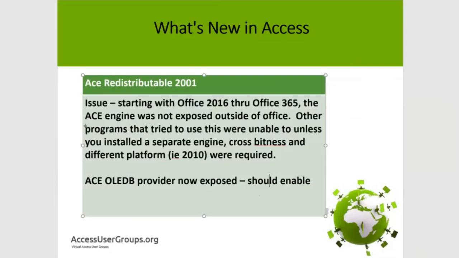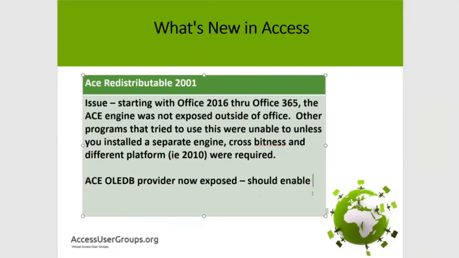So if you have 32-bit Office, you have to download a 64-bit runtime. So it's confusing, it's hard to set up, and I believe that starting with 2013, they didn't even do the runtime engines. So it was a mess. So they're working on correcting that. As of the 2001 edition of Office 365, the ACE OLEDB provider is now exposed.